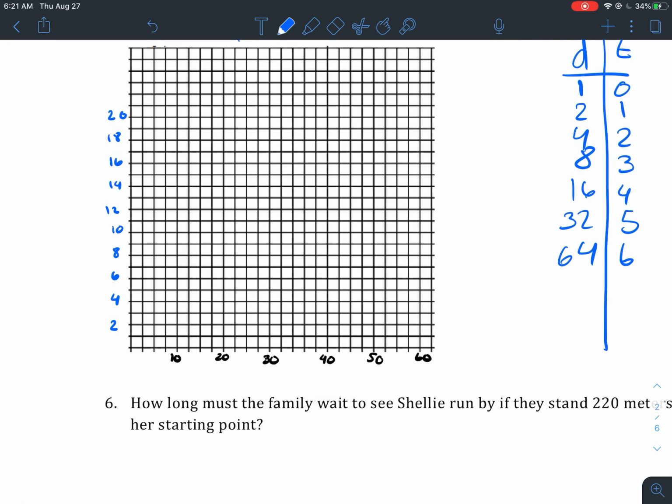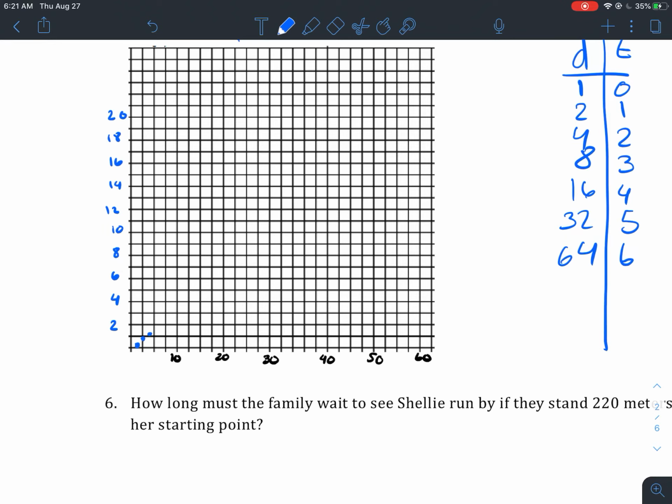We're going to plug in the point 1, 0. So 1, 0 would be right about here. And we've got 2, 1. That's right about there. 4, 2. Really, we're not growing too fast here yet.